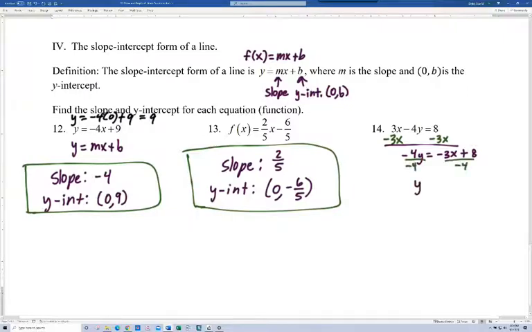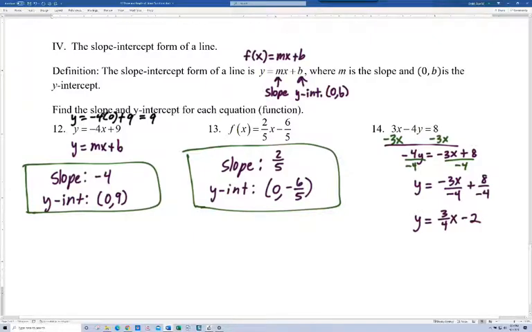So on the left, we're going to get y. And we can break this fraction into 2. And so we're going to get -3x over -4 plus 8 over -4. That'd be plus -2, which we'll write as -2.